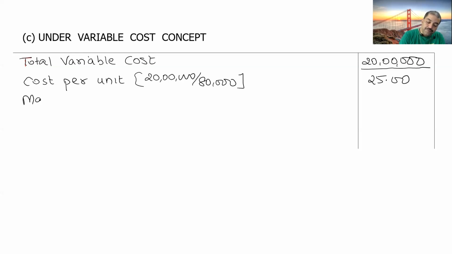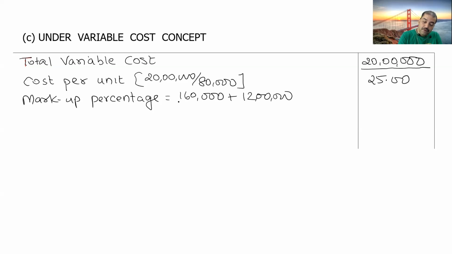Markup percentage. Now tell me, markup percentage. What will you do? Desired profit 160 plus fixed overheads which you are not going to incur, which you are not going to take, 12 lakhs, divided by 20 lakhs into 100.